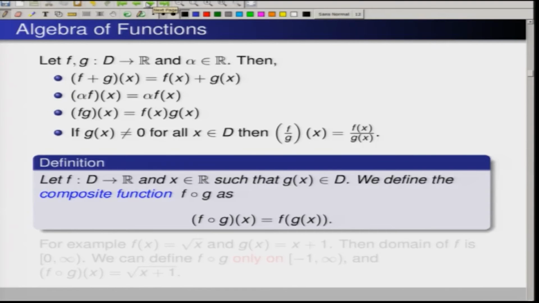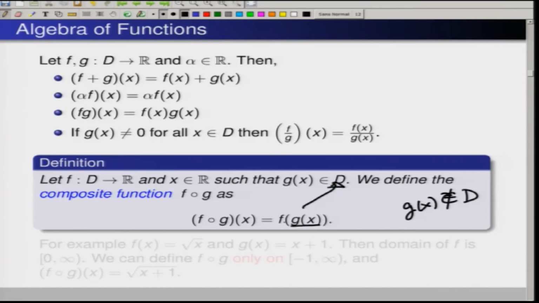Now, if f is from D to R and g of x belongs to D, then we can define the composite of the function f composed with g at x, which is equal to f of g of x. You see, now this g of x is in D. Now, f can act on this g of x. So, if this g of x goes outside D, then the right hand side has no meaning.